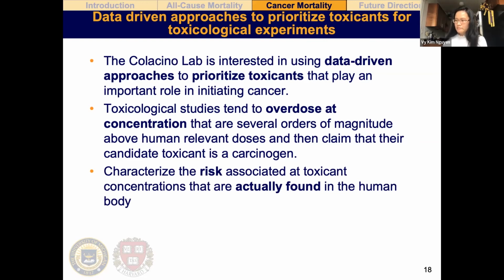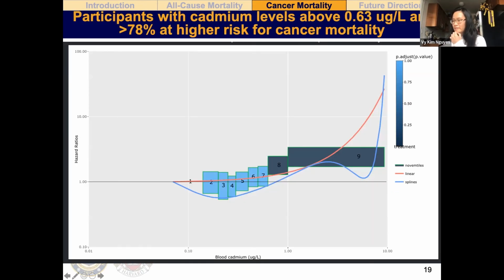And hopefully by doing this, we can help prioritize which chemicals should be used for further toxicological evaluation to understand how this chemical could lead not only to initiation of cancer, but also provide some insight into leading to death from cancer. And so with that, I'll switch over to my Shiny app.